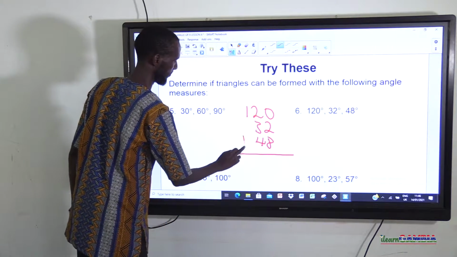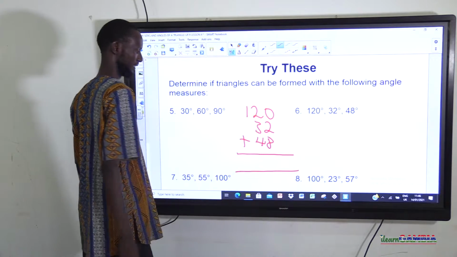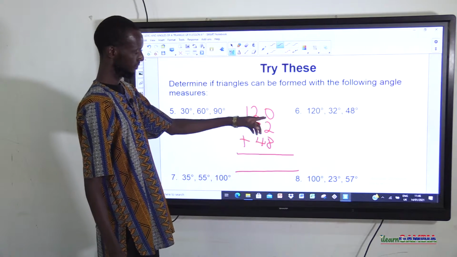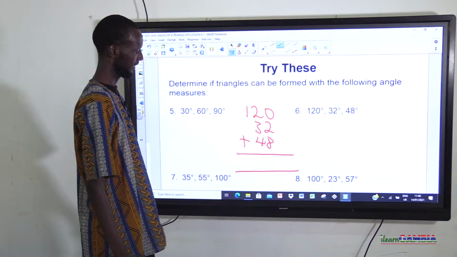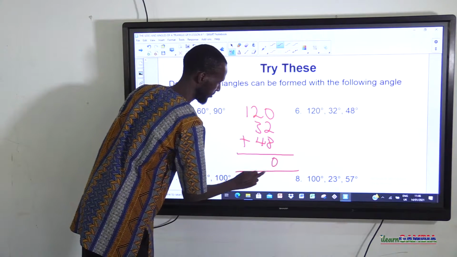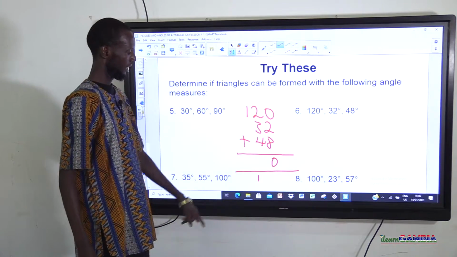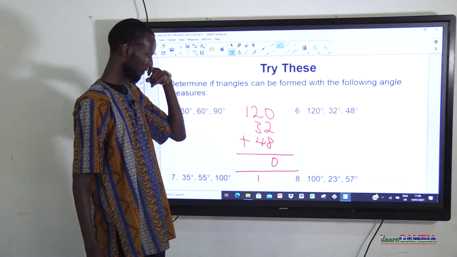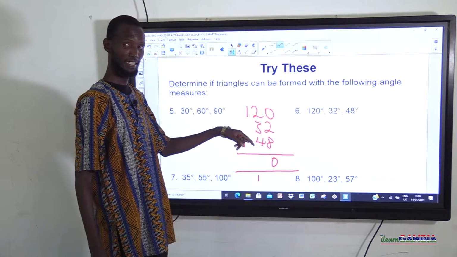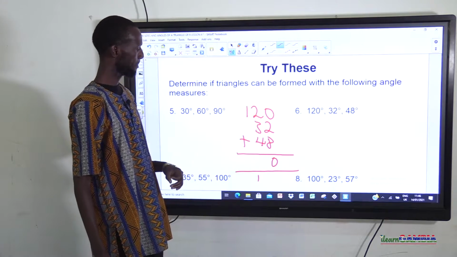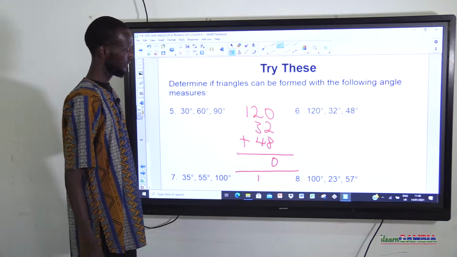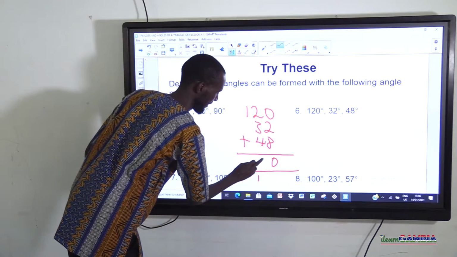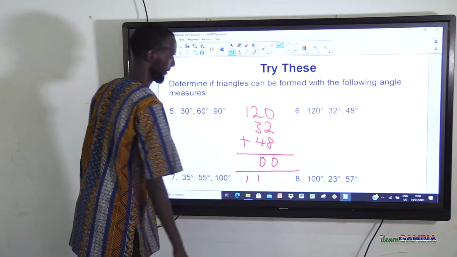If you add this up, 8 plus 2 gives us 10. That's a 0 with a carry of 1. Now 1 plus 4 is 5, and 5 and 3 gives us 8. 8 and 2 gives us 10, that is 0, and you carry 1.